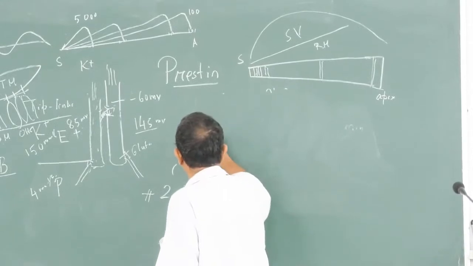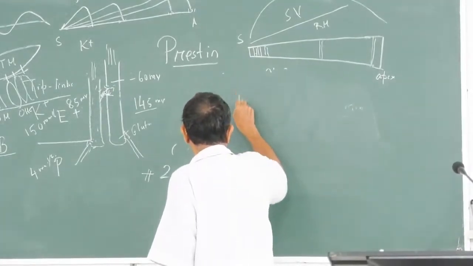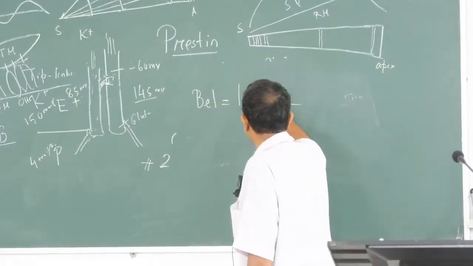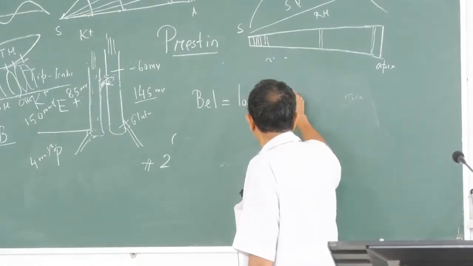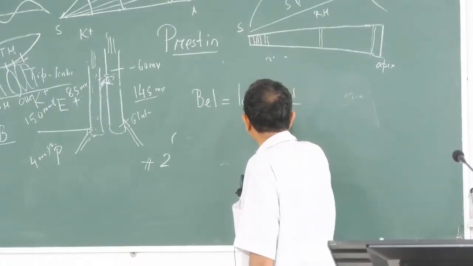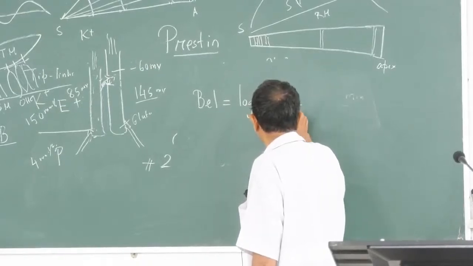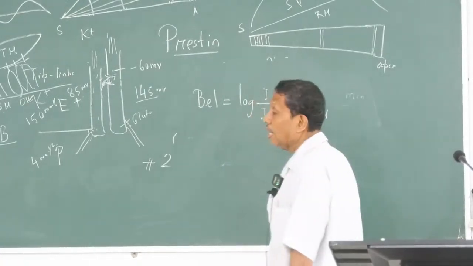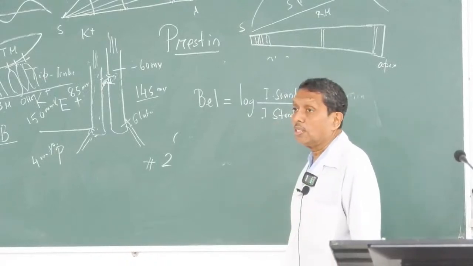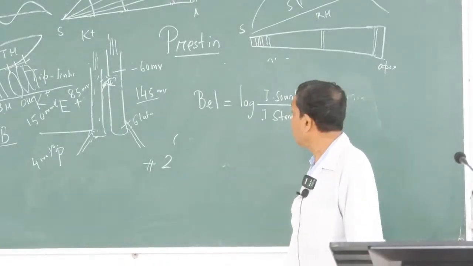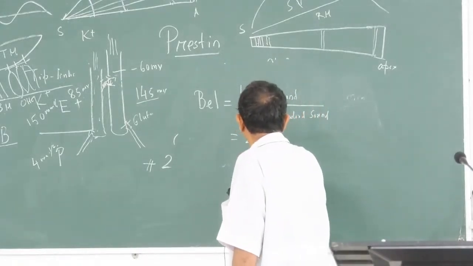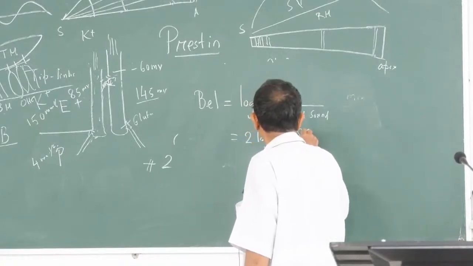That is, the bel is equal to log to the base 10 of the intensity of any sound by the intensity of the standard sound. As intensity is related to the square of the pressure, it is 2 log of the pressure of the sound over the pressure of the standard sound.